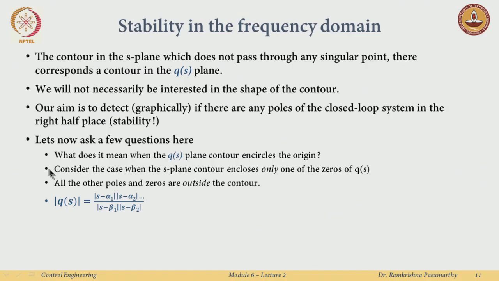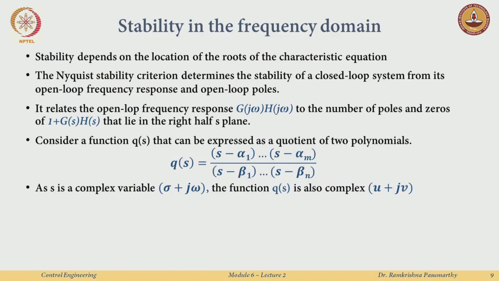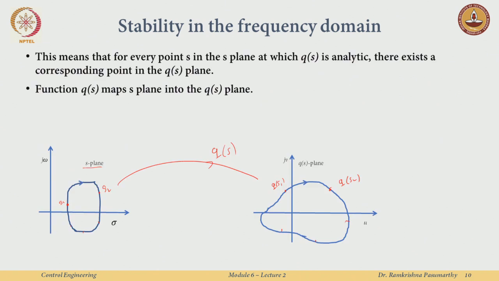Now let's start by considering the case when the S plane contour encloses only one of the zeros of QS. So what does that mean? Q of S has m zeros, and let's say that this contour encloses one zero.